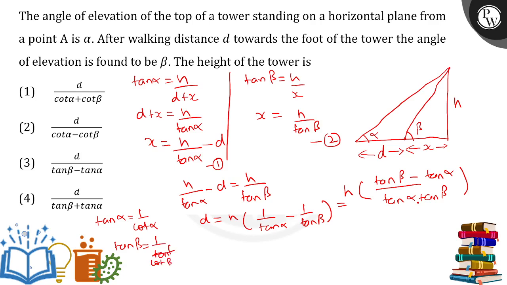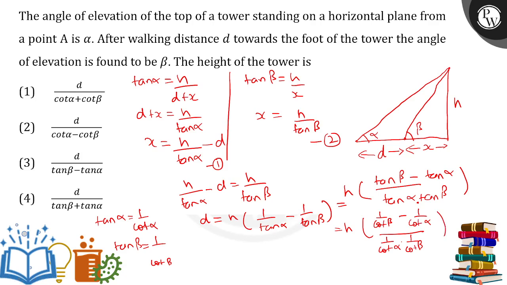So when I put up the values, this becomes 1 upon cot of beta minus 1 upon cot of alpha, upon 1 upon cot of alpha into 1 upon cot of beta. Over here also this is cot, not tan. Let me rectify it. This becomes cot of alpha.